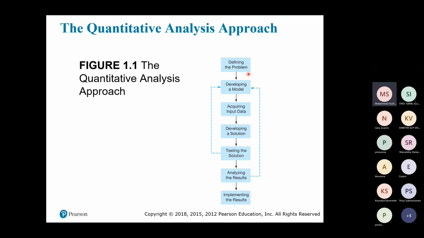If successful, then you analyze the result from your solution. If the result is very good, then you can implement the result. If not, then you have to come back to your model to check what is wrong with your model. All right, so this is the general approach for quantitative analysis.